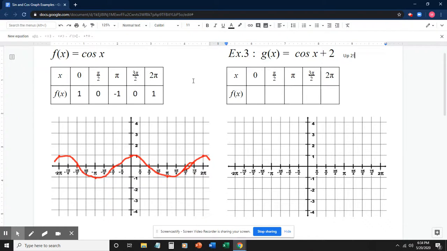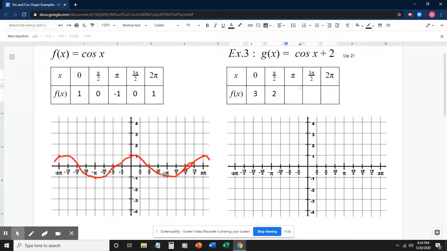So if I take this original cosine graph and move everything up 2 places, where it was 0, 1, if I move it up 2 places, 0, 1 moves up to 0, 3. Pi over 2, 0, if I move it up 2 places, is now at pi over 2, 2.